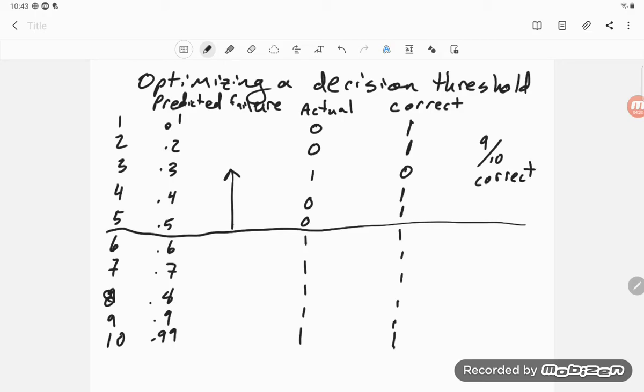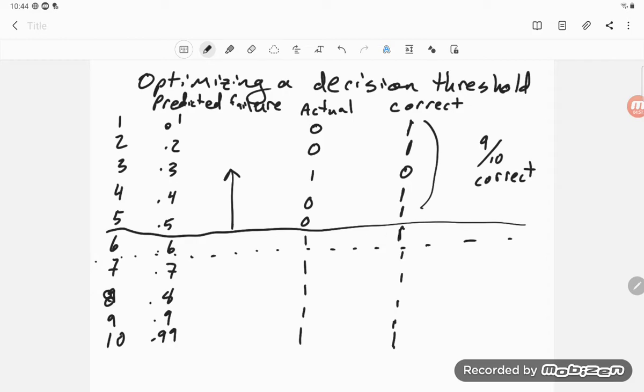And, well, could we do any better? We could try different things, like, what if I set it at 0.6? Well, then, all of a sudden, at 0.6, these that were correct up here and incorrect, they're still correct and incorrect.